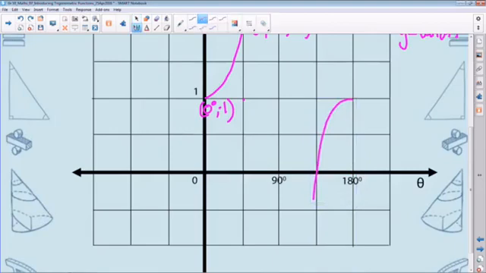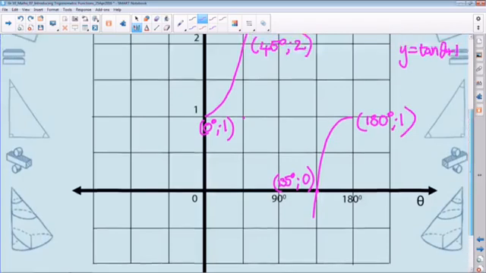So if we go back to this, that point over there is going to be what's halfway between 90 and 180 degrees. It should be 135 degrees. So 135 degrees and 0. And then this point over here is going to be, any guesses? 180 degrees and 1.